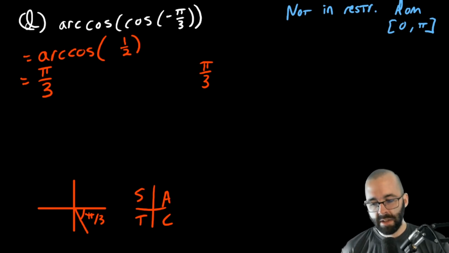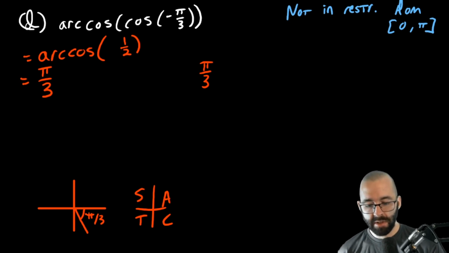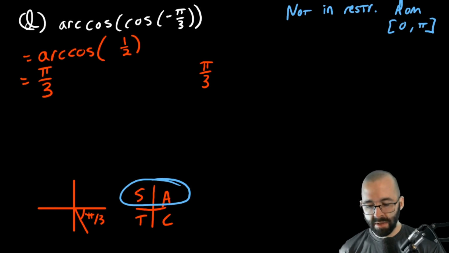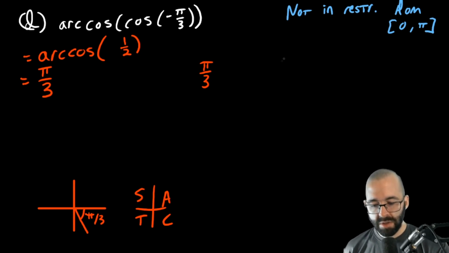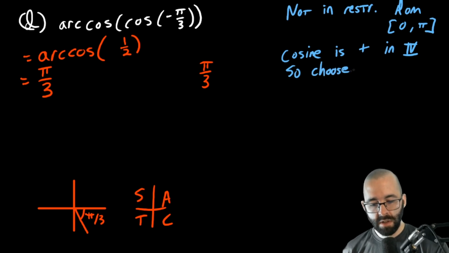Or likewise, you could say, all right, it's not in the restricted domain, so what angle in the restricted domain gives us the same values? The restricted domain is going to be one of these two. We need it to be the same sign as down here. So we look at, okay, cosine is positive in the fourth quadrant, so we choose quadrant 1 in the restricted domain to match that.